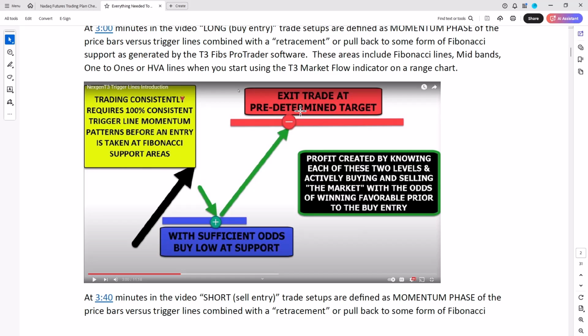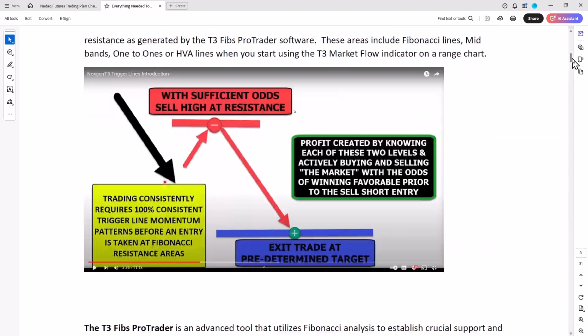That's the anatomy of a trend trade. And the same thing is true if the trigger lines and all of the momentum is going down. We want to sell pullbacks to resistance areas with the anticipation that the downward momentum is going to make resistance hold and take us down to the next Fibonacci support.